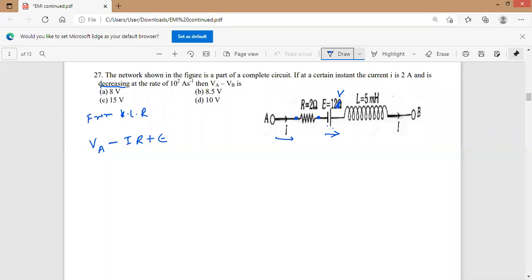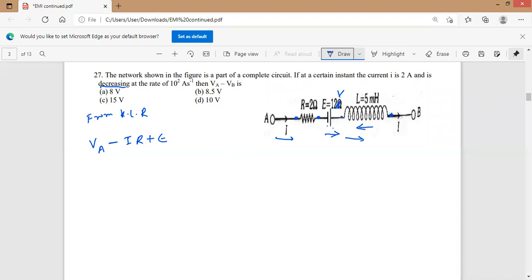Next, across the inductor, when the current is flowing in this direction, due to this change in current, another current will be induced in the coil, that is called induced current. That is opposite to the direction of the main current. This induced current always flows from higher potential to lower potential.